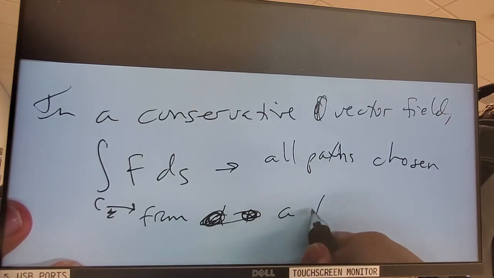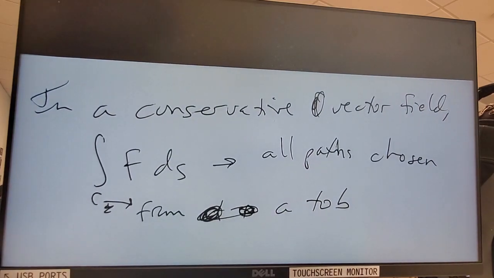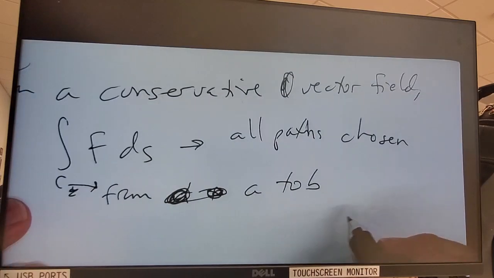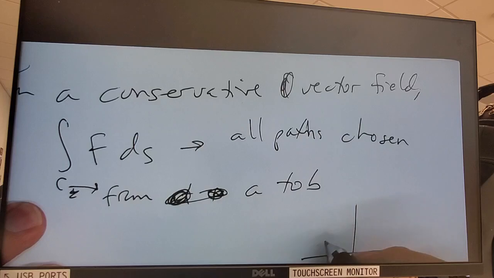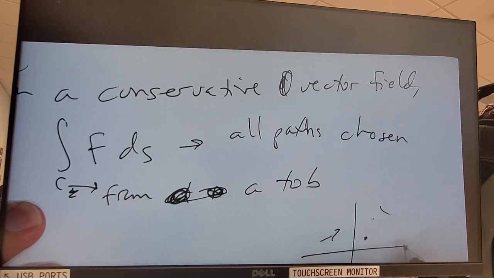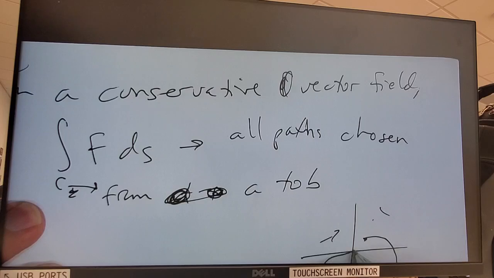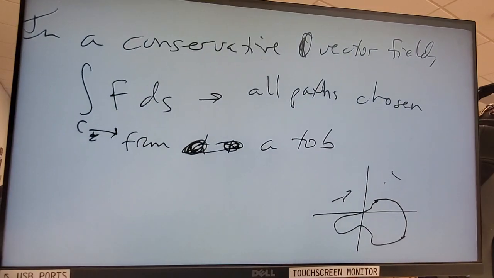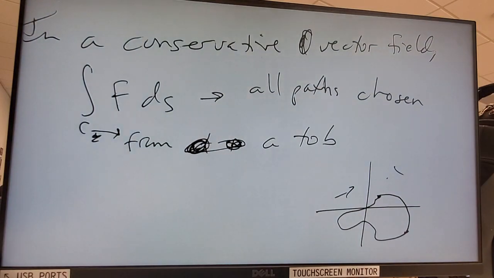You're doing good, Jeff. A to B. So if I choose a path from A to B in a vector field, so I have this vector field, whatever it looks like, and I choose 2 points, A and B. I don't care how I connect them. If it's a conservative vector field, that line integral will come out the same. So we call that independent of path.